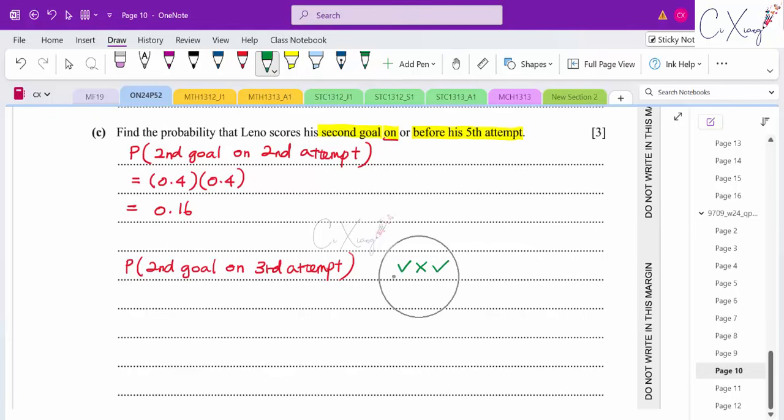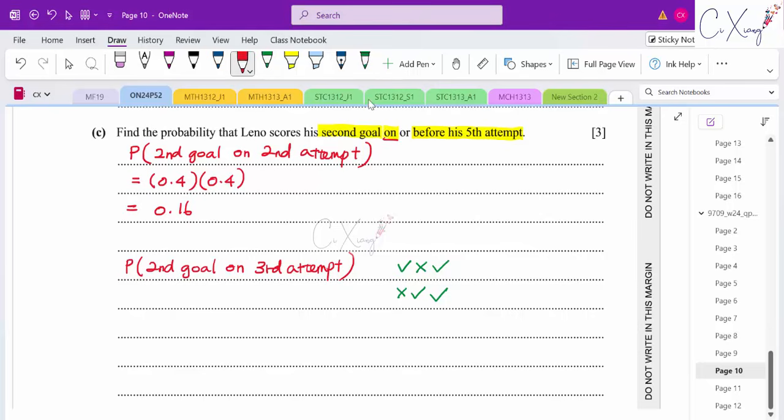So this is a case where your second goal is on the third attempt. It is also possible that in the first attempt you didn't get a goal, second attempt you get a goal, and the third attempt you also get a goal. So these two cases are basically the result for the second goal on the third attempt. All right, any problems so far?